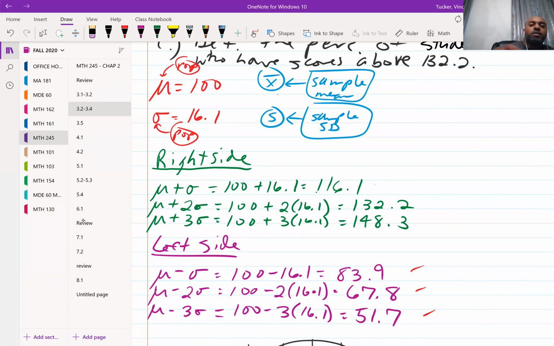Then on the left side, we're subtracting 16.1 3 different times. So doing it the first time gives us 83.9. Do it another time, 67.8.